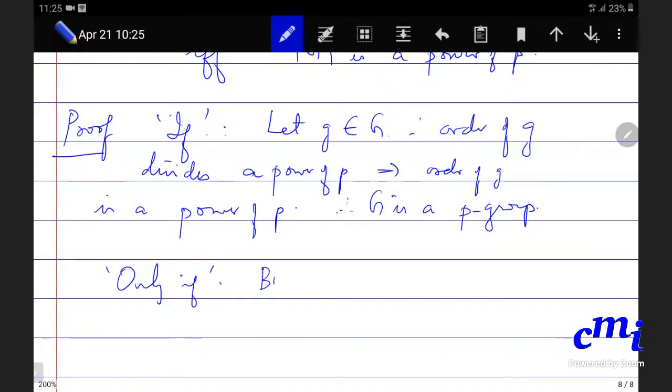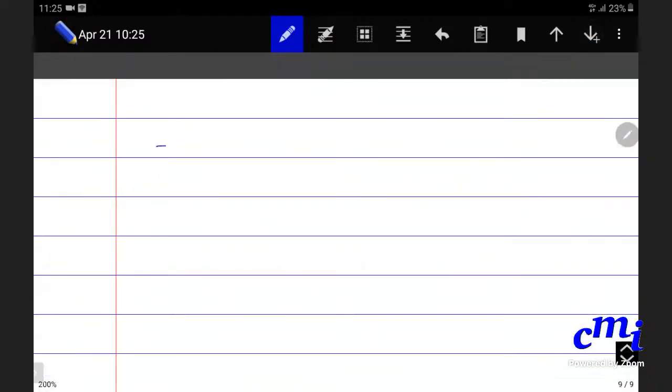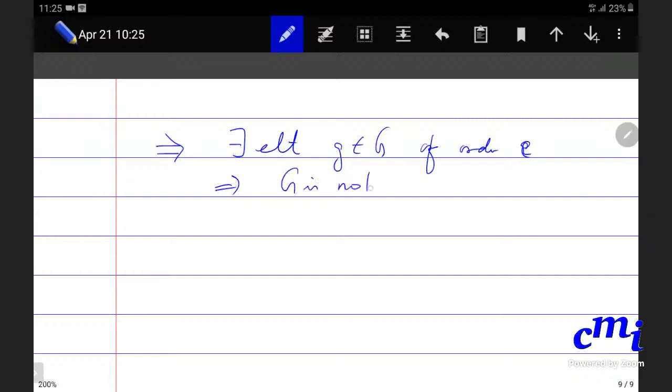By way of contradiction, assume that Q is a prime. Q divides the order of G. Q is different from P. So this means that there exists an element g inside G of order Q, which implies that G is not a P group.